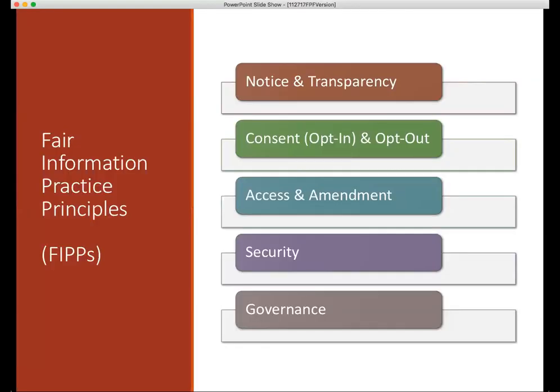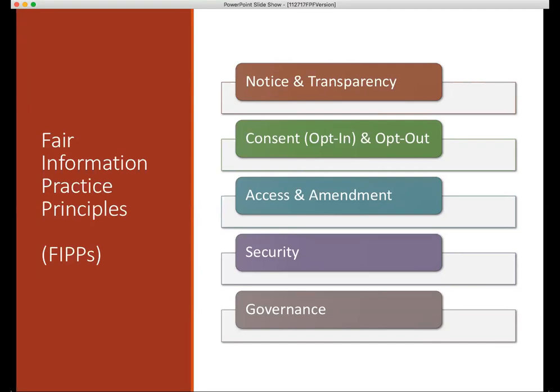So here are the Fair Information Practice Principles, broadly speaking. They're generally referred to as the FIPPs, and there isn't one specific consensus about what they actually are, but they generally have some combination of the things you see on the screen.